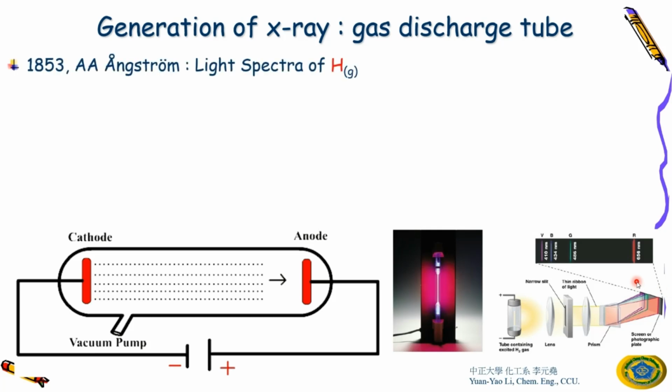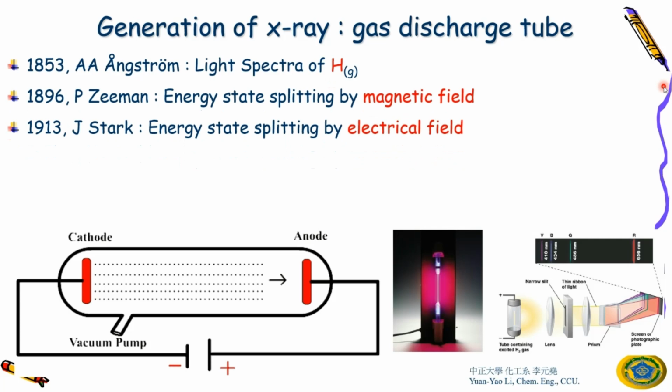So let's recall what we have learned here. In the middle of the 19th century, Angstrom used this gas discharge tube to find the spectrum of hydrogen. After that, in 1896, Zeeman applied a magnetic field and realized the energy lines can split, that means the wavelengths split from 1 to 2, from 1 to 3, from 1 to 5.